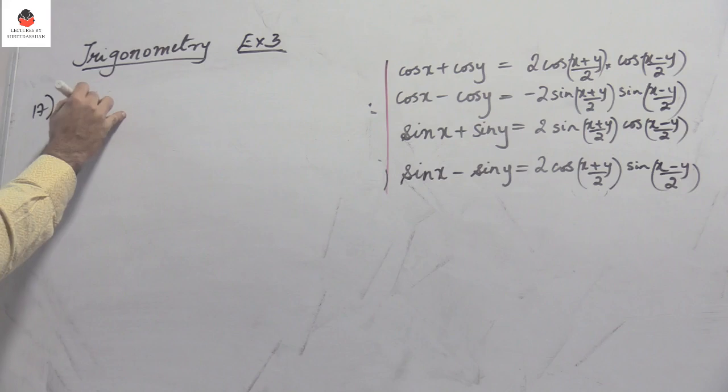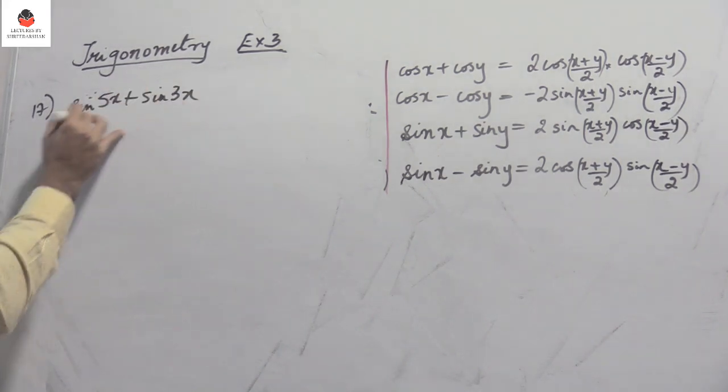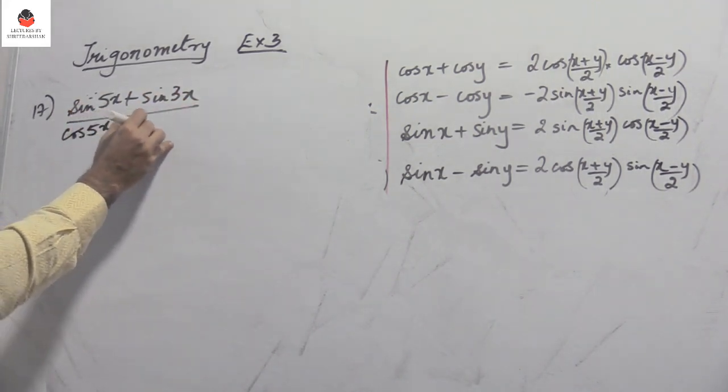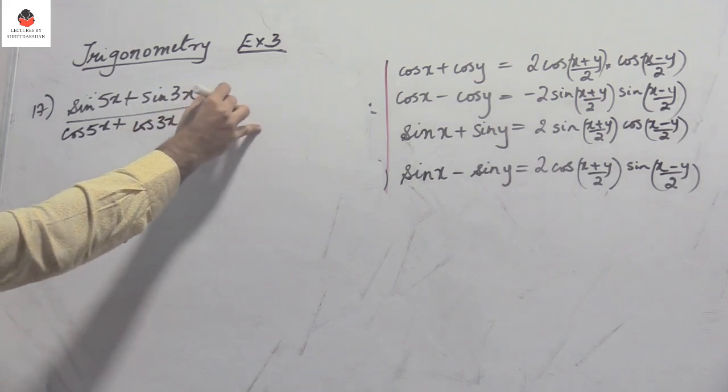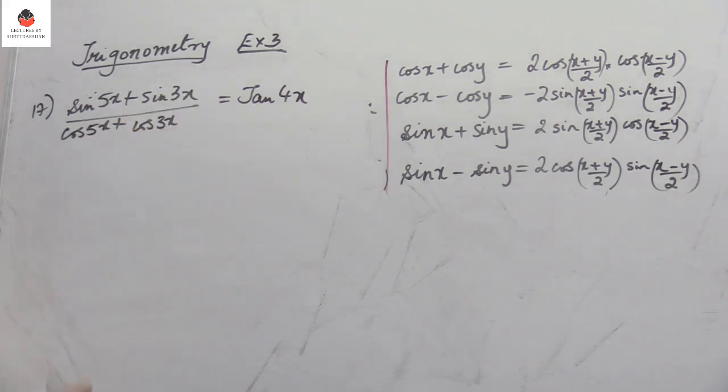So we have (sin 5x plus sin 3x) by (cos 5x plus cos 3x) equal to tan 4x. So I need to prove that this is equal to tan 4x.